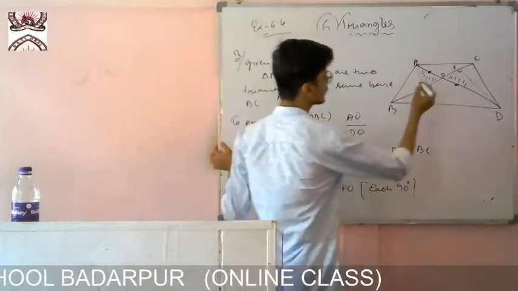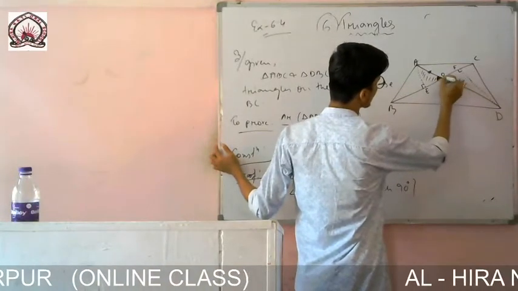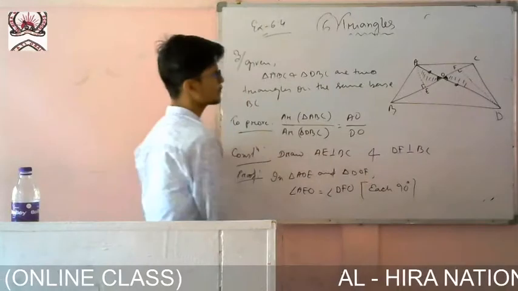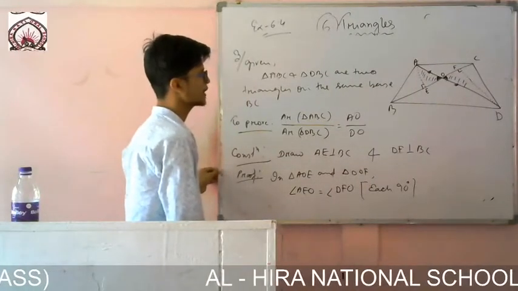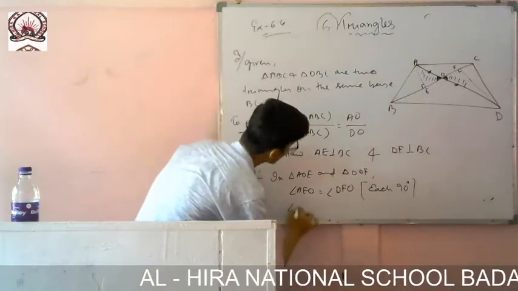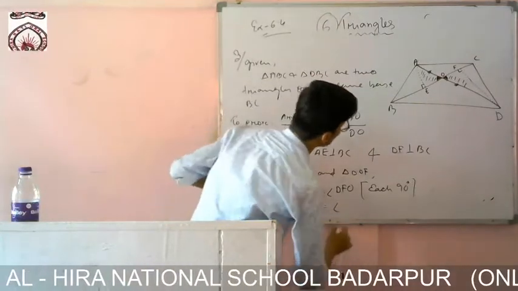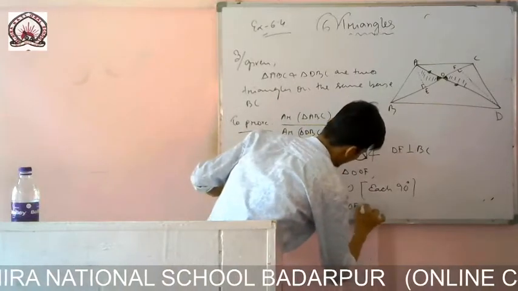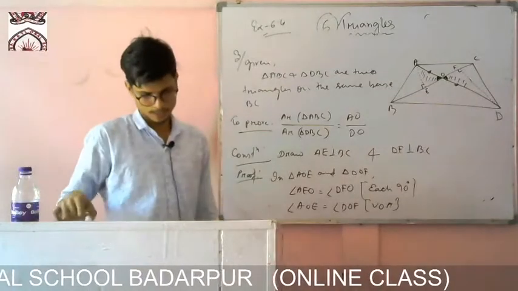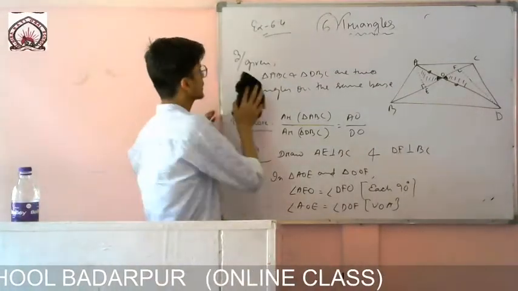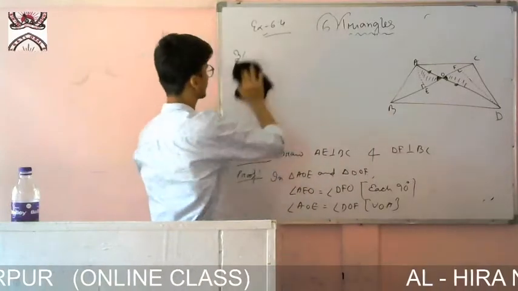And one more angle we have, this one. It is vertically opposite to this one. If you see carefully, angle AOE is equal to angle DOF, vertically opposite angles. That means these two triangles are similar.